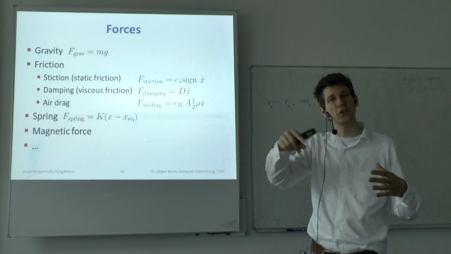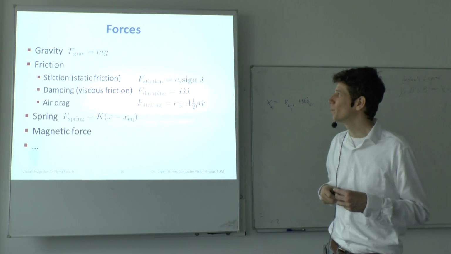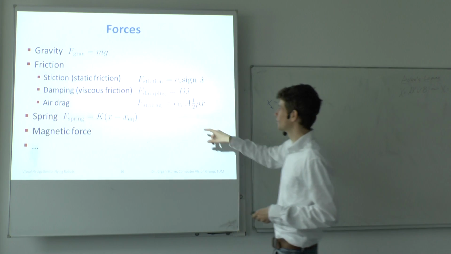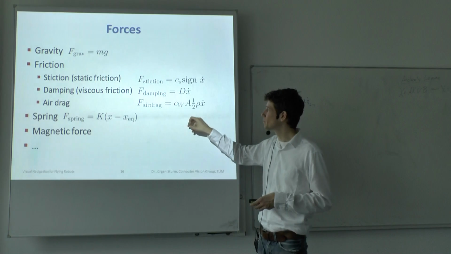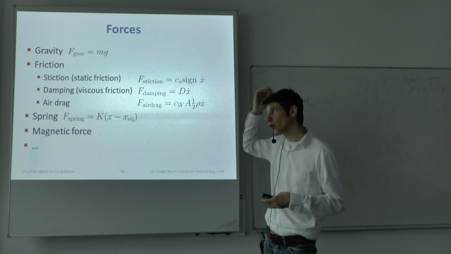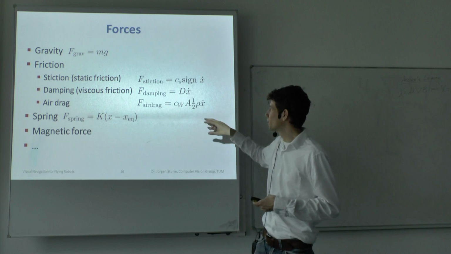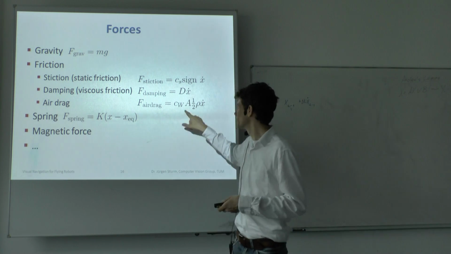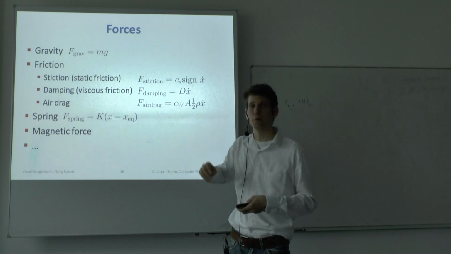That's the huge styrofoam cover, but it also has an outdoor hull that's much smaller, and by that they decrease the area of the object, and that makes the quadrocopter, on one hand side, it can fly faster, but it's less influenced by wind.